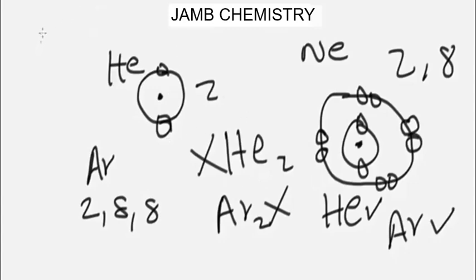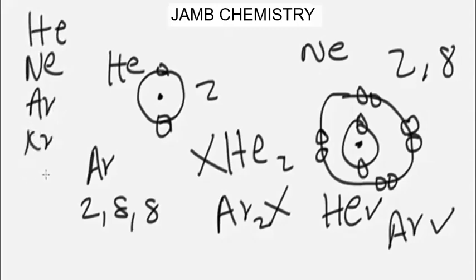And lastly, one physical property of noble gases is that their boiling points increase as you move down the group, along with increasing relative atomic mass. Let me list the noble gases again: helium, neon, argon, krypton, xenon, and radon.